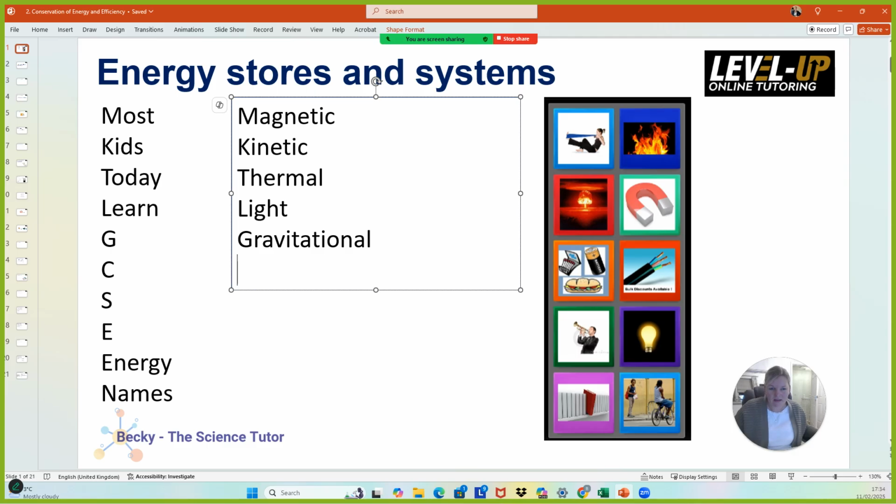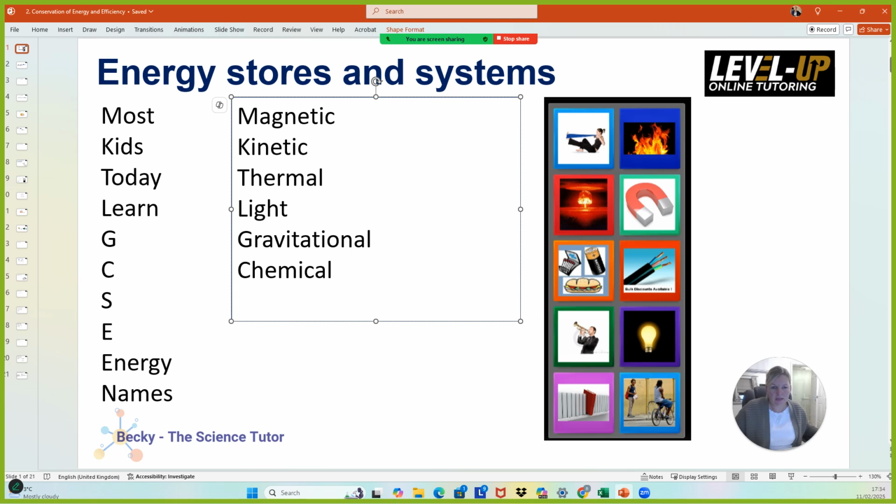C. Good evening to those of you that have just joined. We are just going through the energy types. So many of you this evening, this is awesome. Chemical, S. We are naming the different types of energy, the energy stores as they're called. So far we've got magnetic, kinetic, thermal, light, gravitational, chemical.